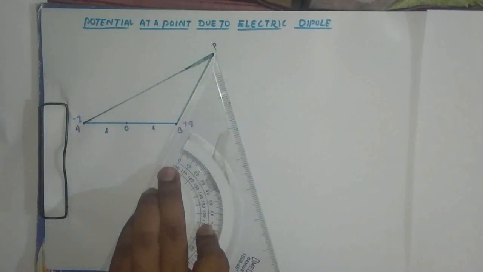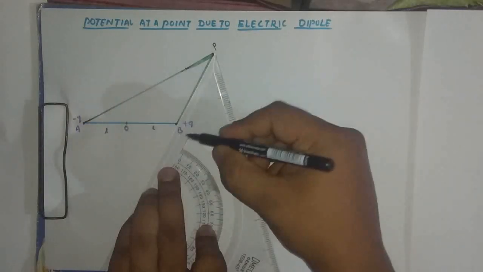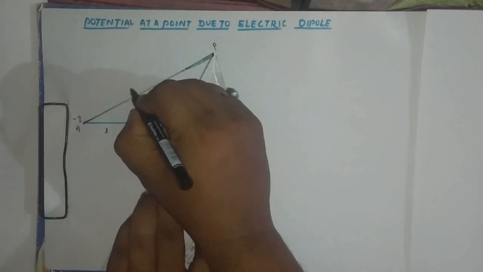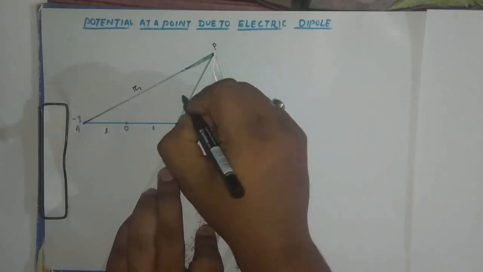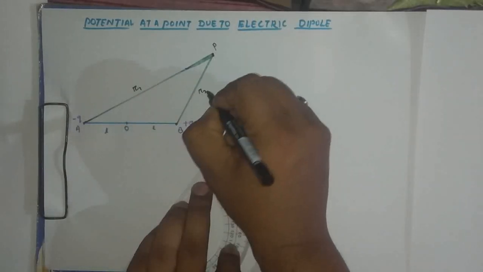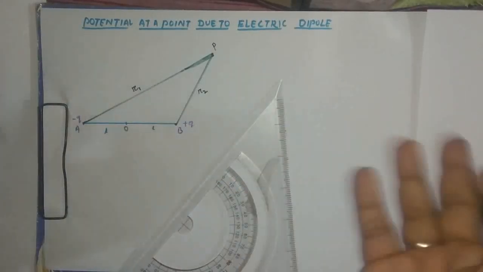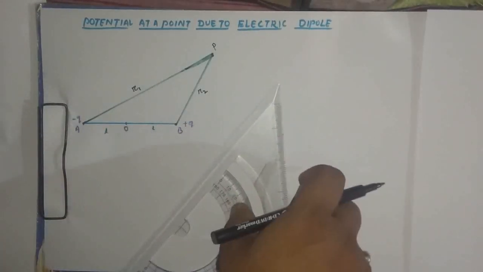So what are you thinking? There are two charges. Let the distance be R1, and let this distance be R2. So what will be the net potential? Let us check it first.